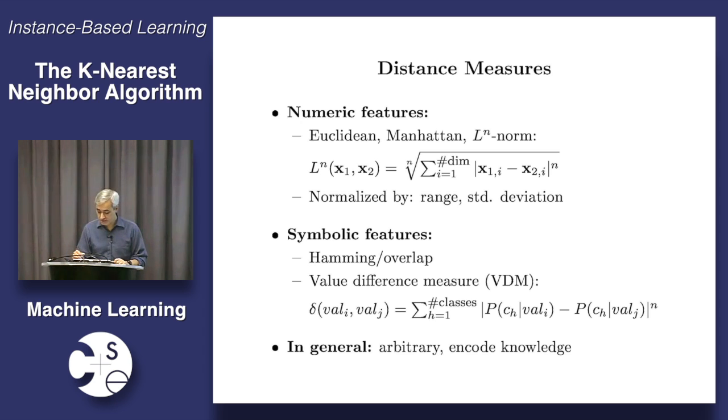What is the L infinity norm? Sounds like a weird thing at first. What happens when you raise the distance along each dimension to infinity, sum them all, and then take the infinite root? You just get the maximum, because as you raise things to higher powers, the larger ones dominate more and more.